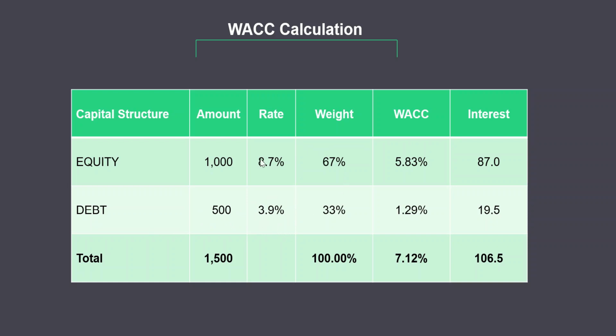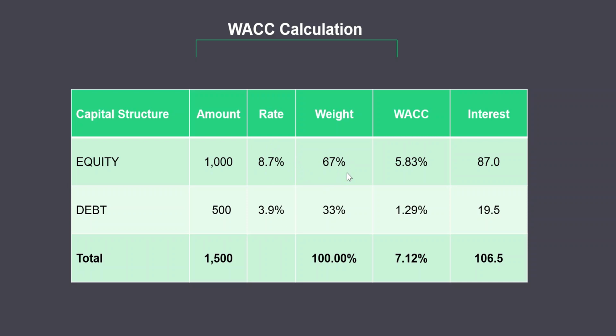To calculate WACC, we have to ascertain the weightage of each component. Out of 1500, equity capital represents 1000. So the weightage is 67%. When you take the debt financing of 500 out of 1500, the weightage will be 33%. To calculate WACC, you simply take the weightage times the rate.